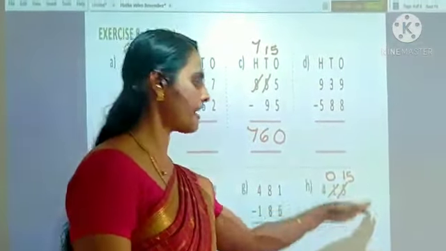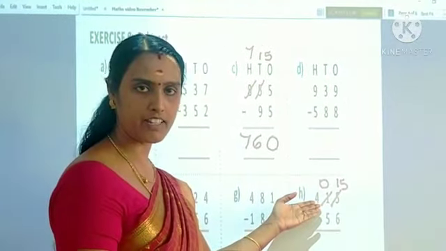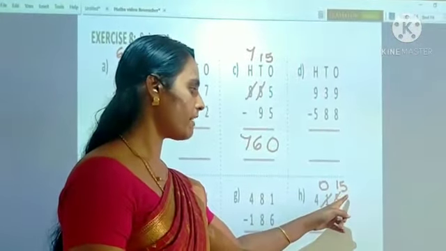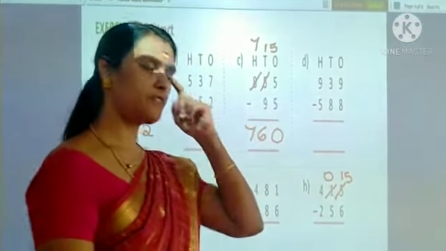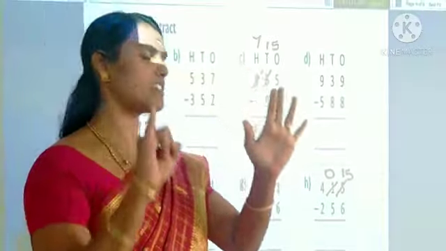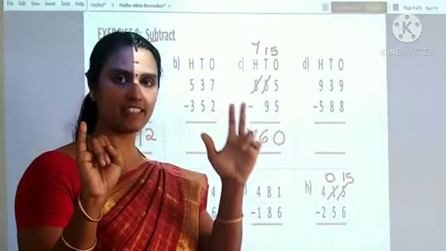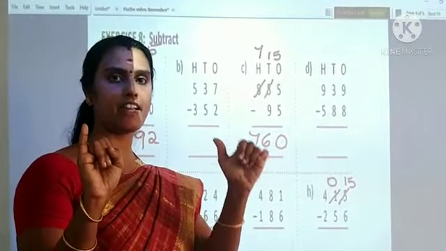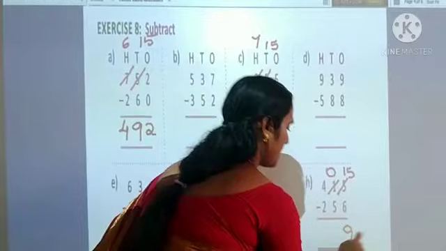So we have given one from the 1 to the 5. So there is nothing here, so we have to write a 0. So now we have to subtract 15 minus 6. Keep 15 in your mind and take 6 fingers. Now count backward. 14, 13, 12, 11, 10, 9. What is the answer? 9.